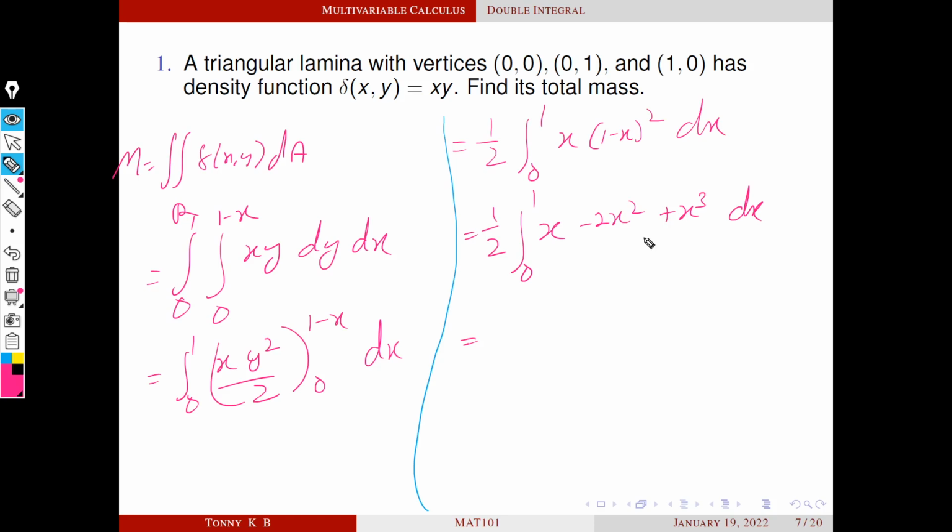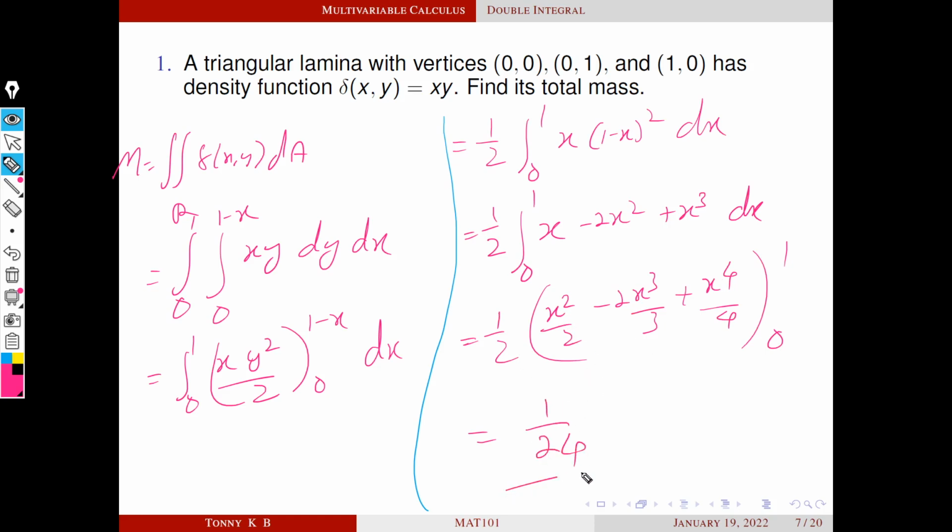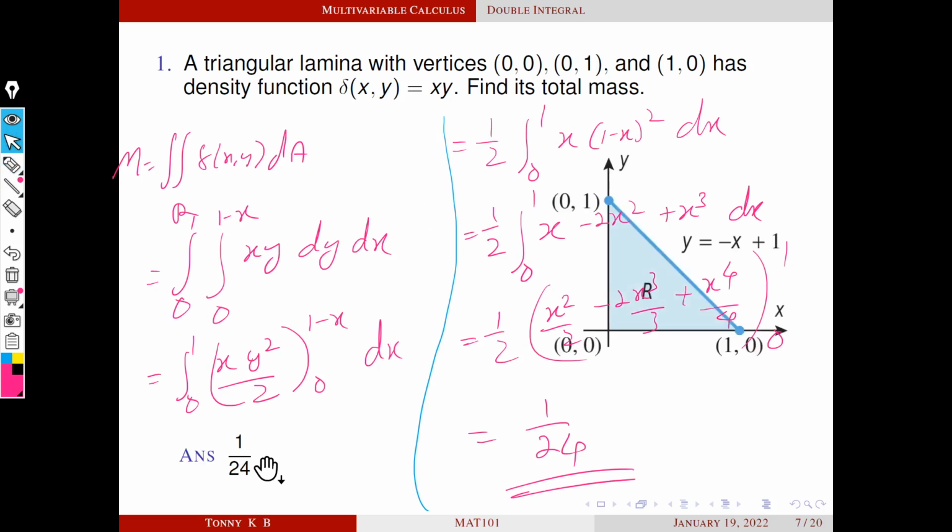Then you integrate with respect to x and substitute the upper and lower limits. When x equals 0, the term is 0. When you substitute 1, this becomes 1 by 2 minus 2 by 3 plus 1 by 4, and the 1 by 2 is there. Upon simplification, this becomes 1 by 24. So the total mass of this triangular lamina is 1 by 24 units.